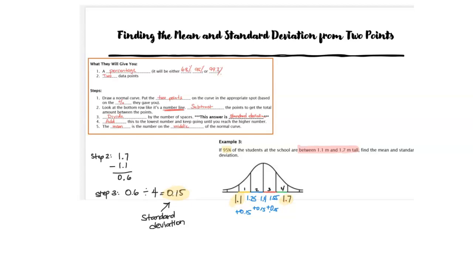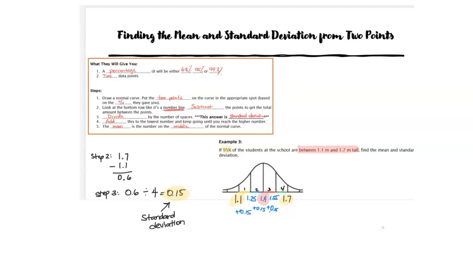And then the last part is step 5. The mean is the number in the middle of our curve. Well, what's the number in the middle, guys? The number that's in the middle is our 1.4. So our 1.4 is our mean.